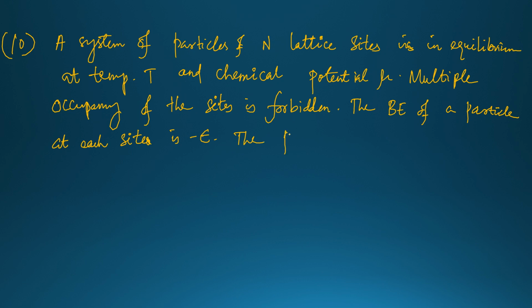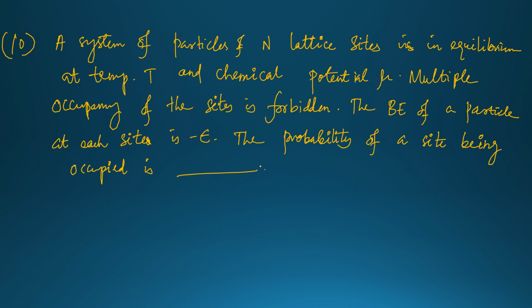So the probability of a site being occupied is, okay. A system of particles of n lattice sites is in equilibrium at temperature T, chemical potential mu. Multiple occupancy of the sites is forbidden. Binding energy of a particle at each site is minus epsilon. The probability of a site being occupied.